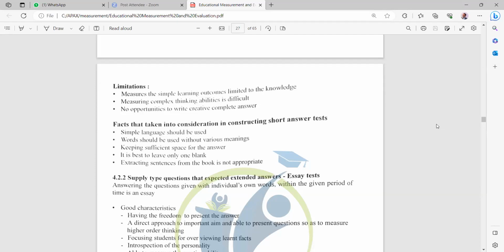This question should allow them to think, summarize facts, and make necessary changes and present it as the answer. Right. So it's difficult to believe that extracting sentences from the book is not appropriate. Depending on the situation, you can agree with it or disagree.